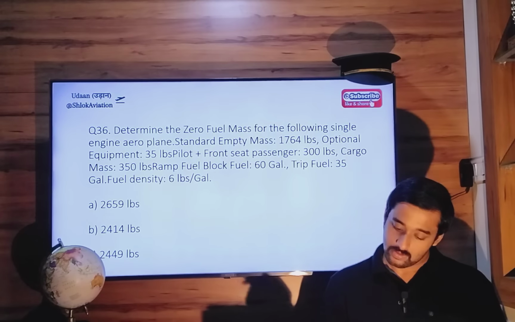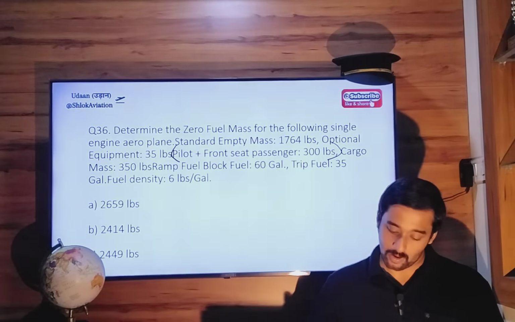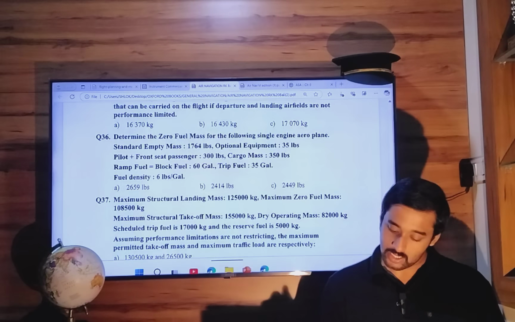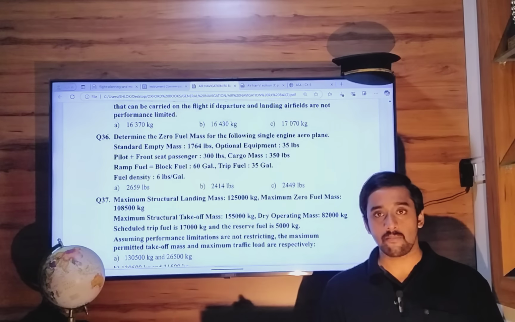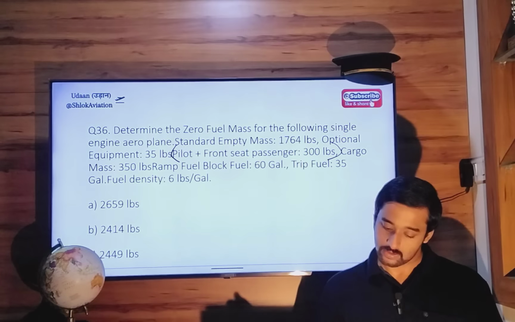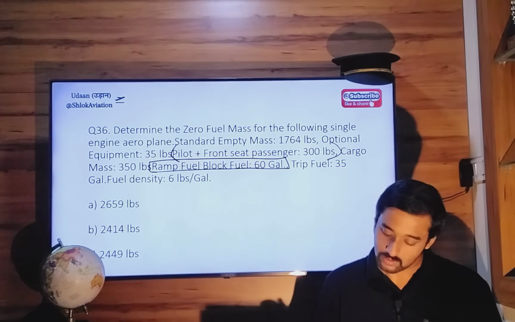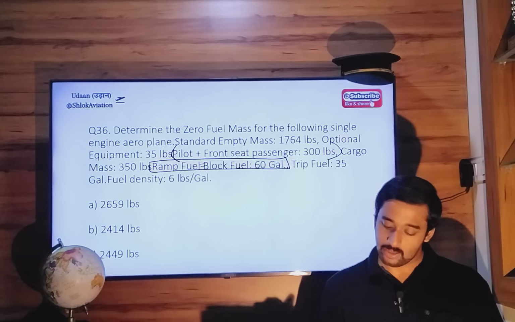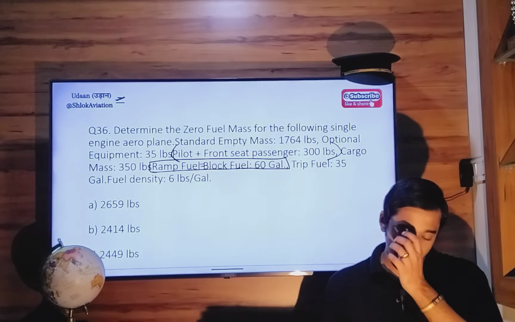Cargo is another 350. Ramp fuel is nothing but your block fuel, 60 gallons. Trip fuel 35 gallons. Fuel density 6 pounds per gallon.